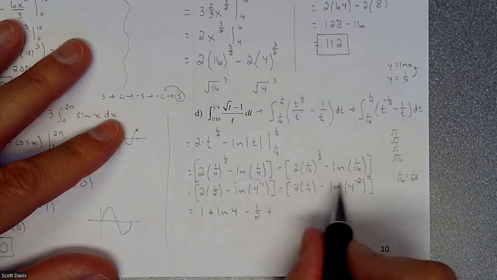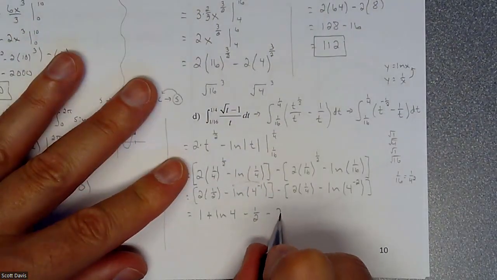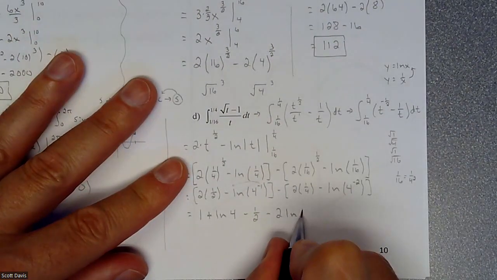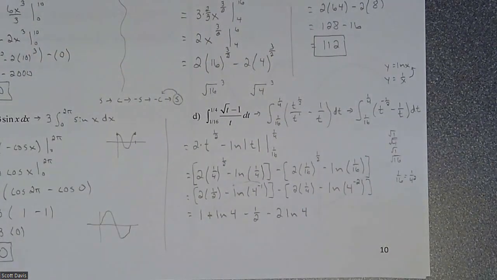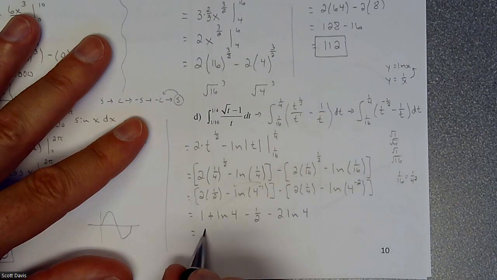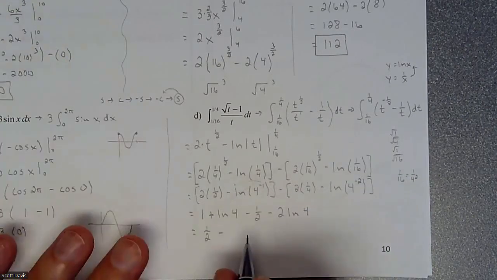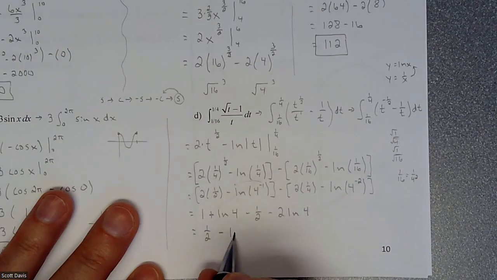So I'm going to have a negative and a negative, a -2 coming in front, and then the natural log of 4. Wonderful. So I have 1 minus 1/2, which is 1/2. I have a 1 natural log of 4 minus a 2 natural log of 4, which is a -1 natural log of 4. And that is what I can simplify to.